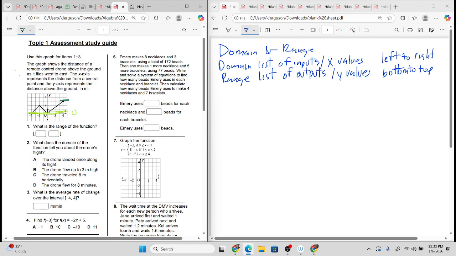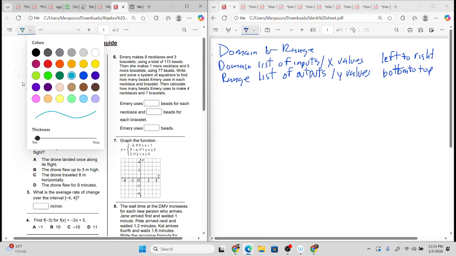And that's when y is 1, 2, 3. So then that would mean that my range is 0 to 3. 0 to 3. That's range. I go from the lowest point to the highest point as far as the graph goes for my range.